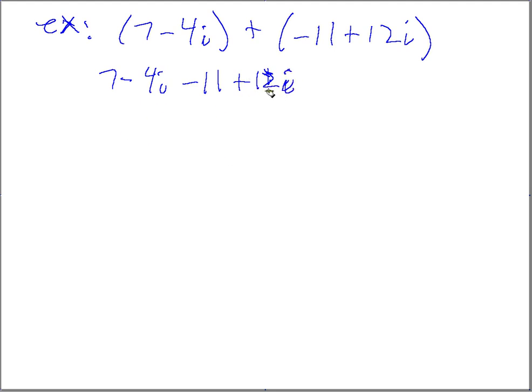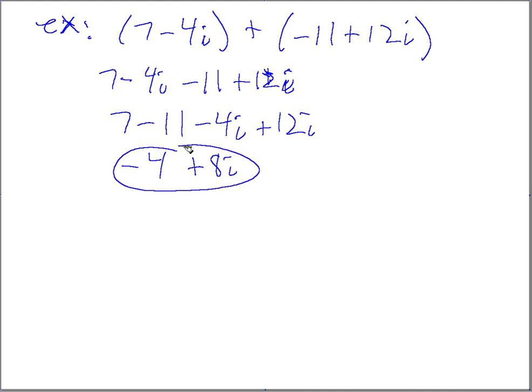But again, let me put the like terms together. So 7 minus 11. Again, you don't have to show all these steps on the homework. Just simply do it in your head if you want to. Minus 4i plus 12i. All right, combine like terms, that's going to be negative 4 is the real part. Imaginary part, positive 8i. Not hard at all.